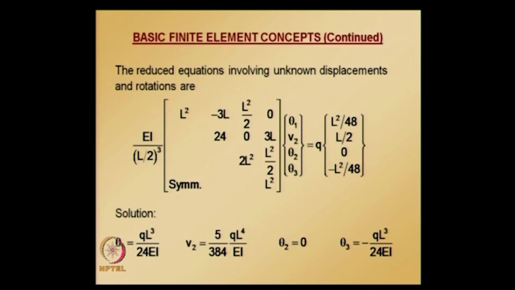Also, you can see that these values we calculated, theta 1, V2, theta 2 and theta 3, all match exactly with the exact solution which was already shown to you. So, now let us calculate the bending moment and shear in element 1 and element 2 using these nodal values.